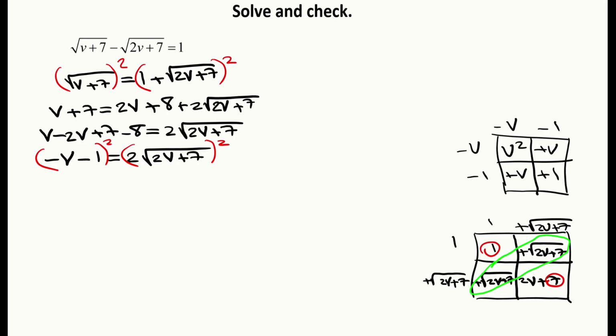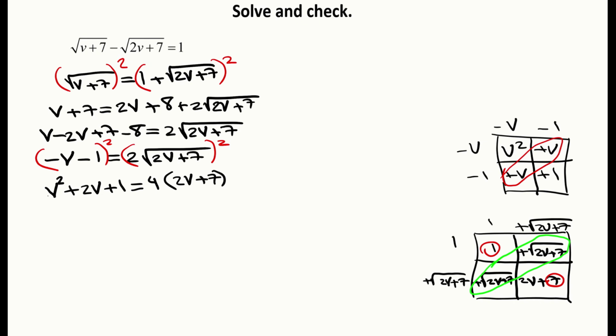So notice they all became positive. So we get v squared, and we combine these two to get 2v. Plus 1. And on the right side, we have 4 times 2v plus 7, correct?